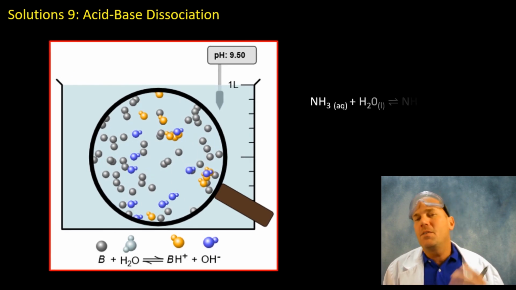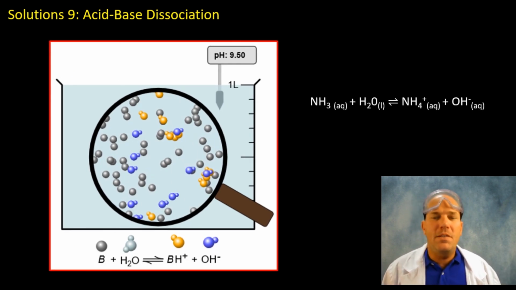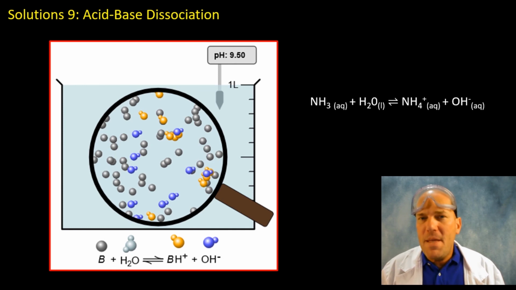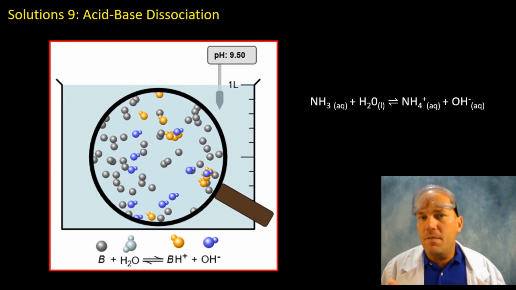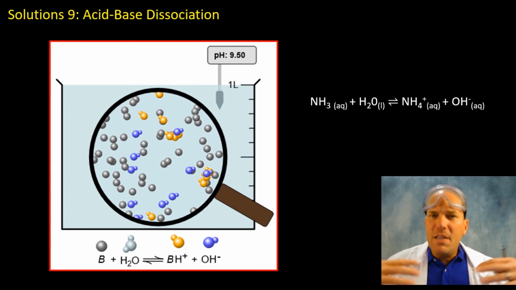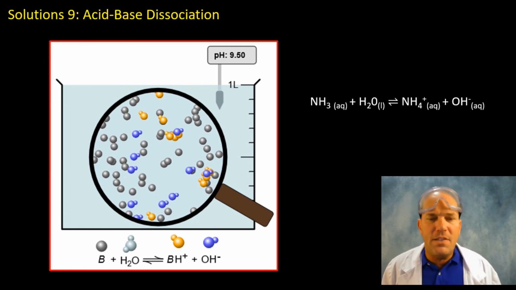All right, so now we can look at our weak base. Let's continue to look at ammonia, which is a weak base. And ammonia in water will partially dissociate into ammonium and hydroxide. Again, the hydroxides are what make the solution basic. In this case here, we have a pH of 9.5, which is greater than 7, which means overall the solution is basic.